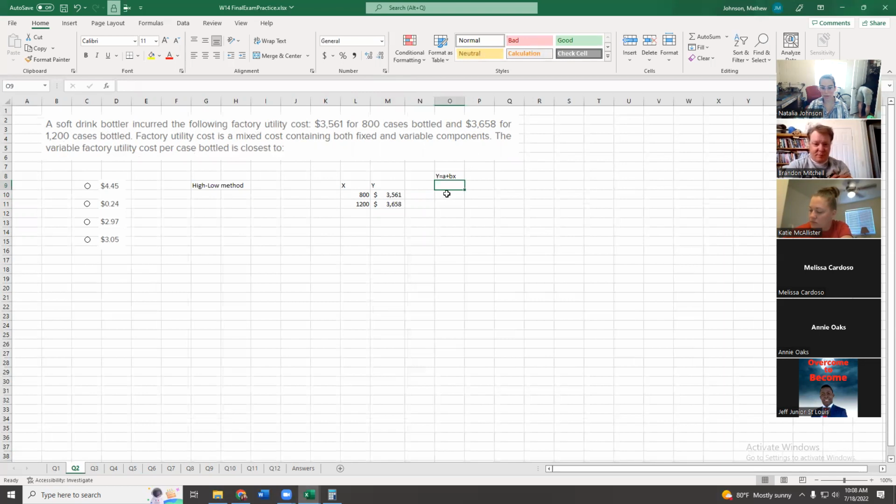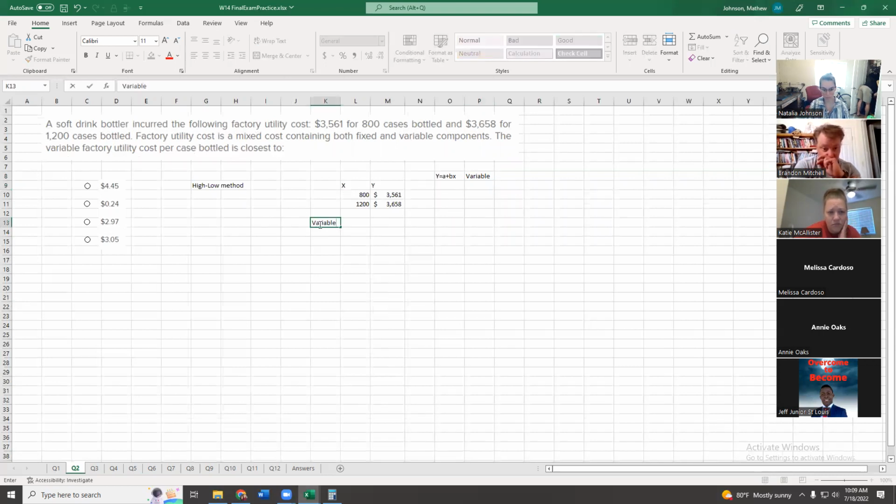But with the high-low method, which one are we going to find first? B. Remember, with the high-low method, we find the variable first. So the variable will be the difference of the Y's divided by the difference of the X's.